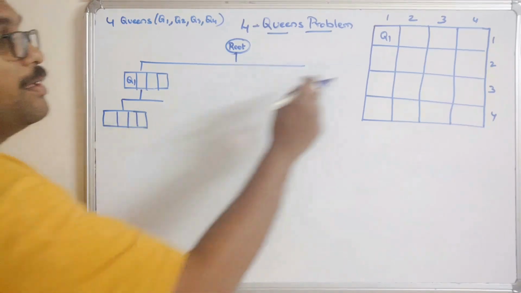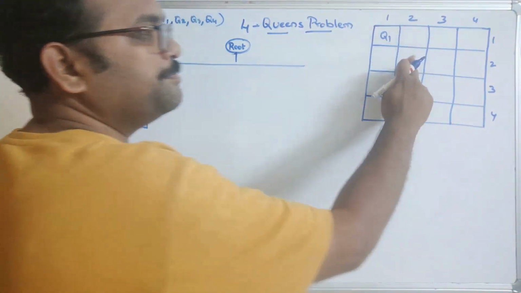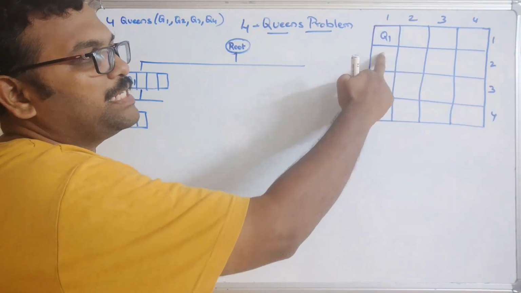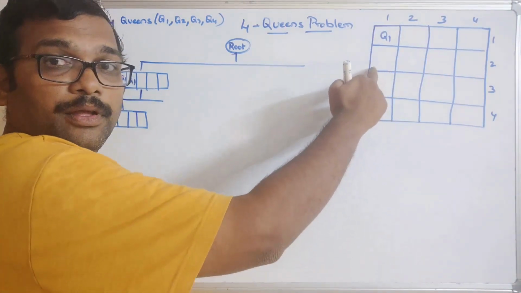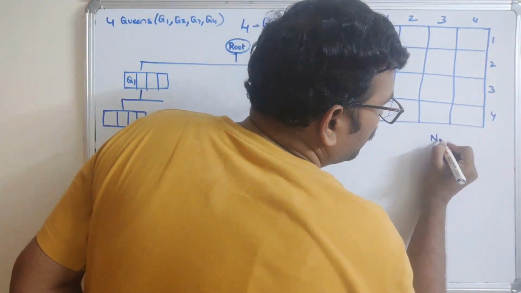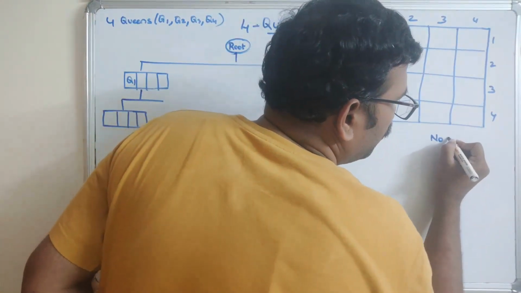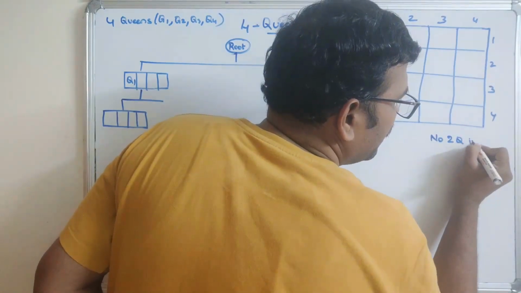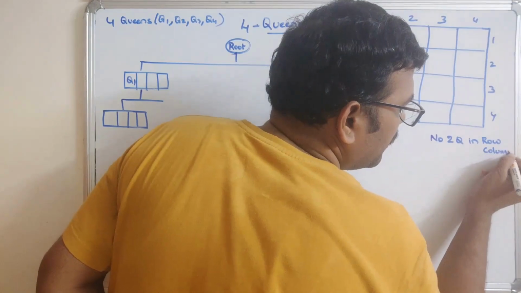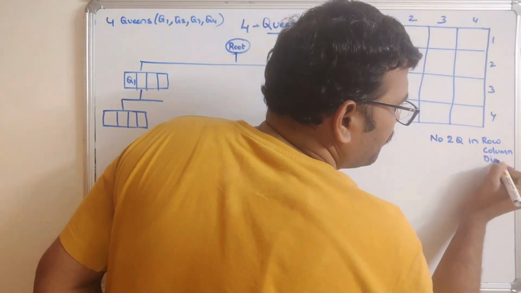Let it be, if Q2 is placed in 2, because Q2 can't be placed in the first column. Just here you can see no 2 queens in the same row, column, or diagonal.